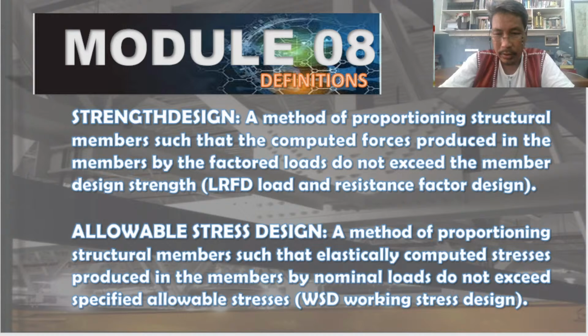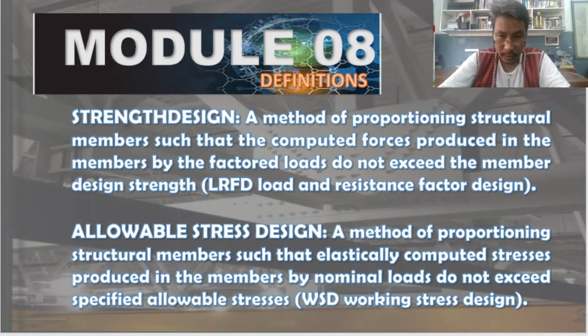So in other words, we are finding out the correct dimension, the correct size. For a particular size, for example, what is the dimension? So we want to proportion the dimension. Also it is called load and resistance factor design, in short LRFD.